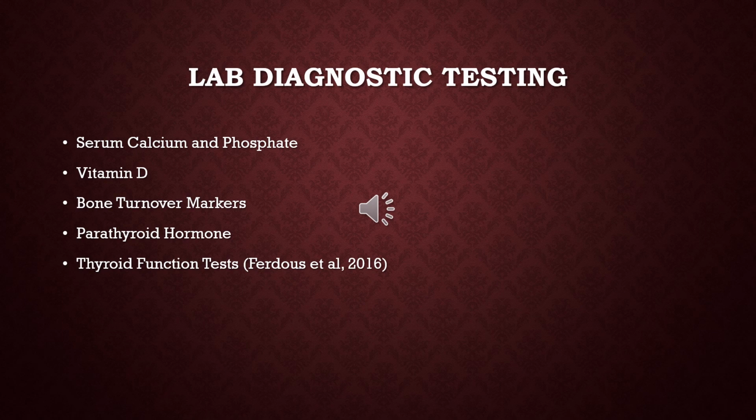Additionally, parathyroid hormone and thyroid hormone function tests may be monitored. Elevated levels of parathyroid hormone may indicate secondary causes of osteoporosis, such as hyperparathyroidism, and thyroid disorders can also affect bone metabolism and contribute to osteoporosis.